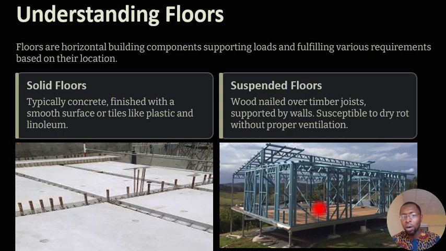So it is wood nailed to timber joists and supported by walls. However, it is susceptible to dry rot without proper ventilation. So when there is no ventilation for a suspended floor, it can easily get damaged and rot. Alright, so those are the two types of floors that we have.